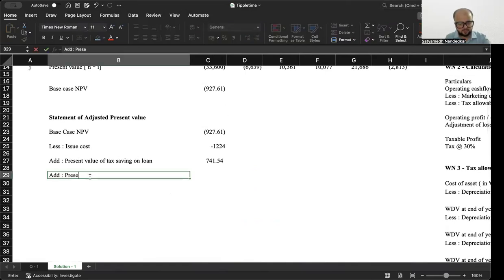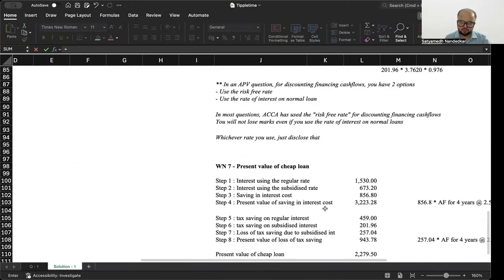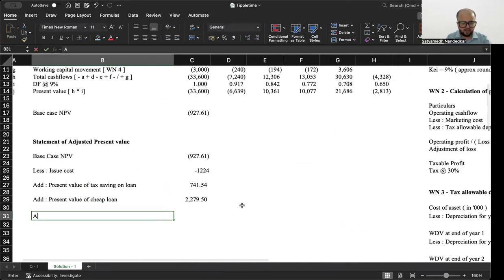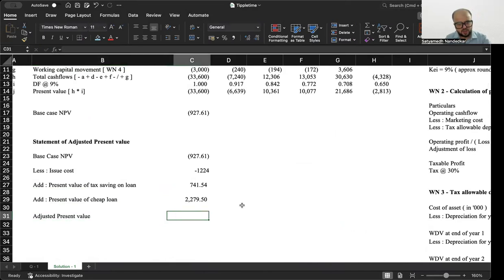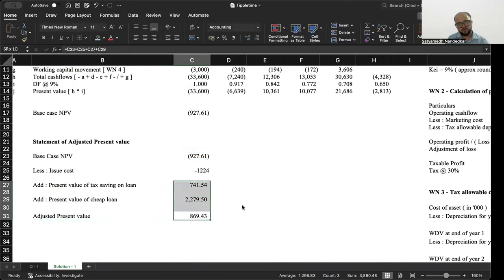Add present value of cheap loan, 2279.5, and my adjusted present value is base case NPV, issue cost saving, and present value of cheap loan, which is basically 869.43.